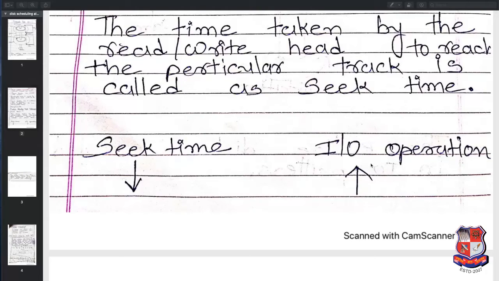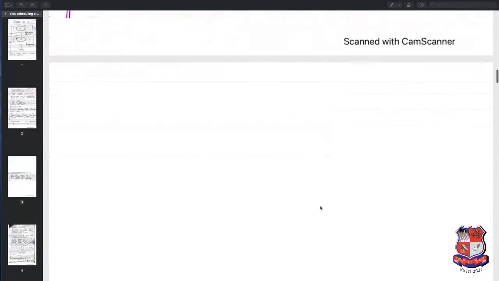It is vice versa: if the seek time value is low, then the IO operation goes fast. So it is a totally inverse relation.